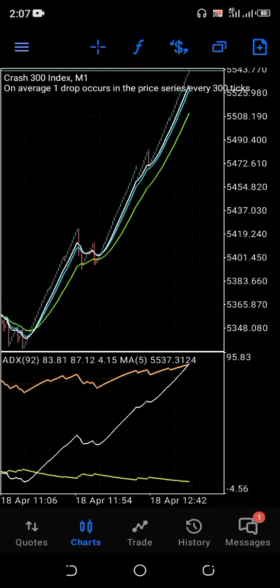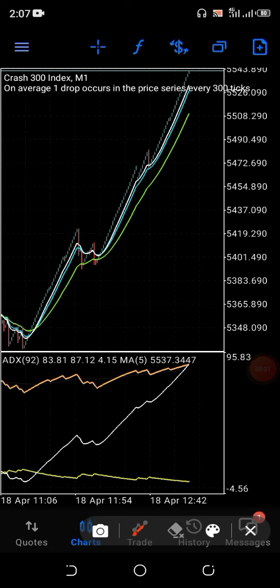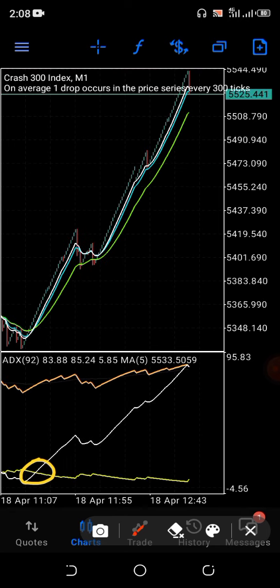One, watch the situation of this place. The white line, which is what I'm using, you will be using whatever you like, must cross over the yellow line. It's a must. That's number one. Two, the white also must cross. It's a must.